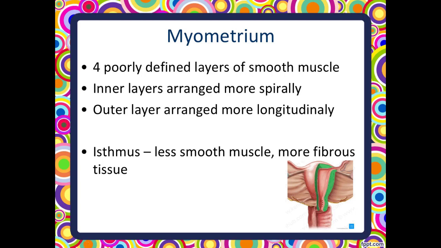Normally it doesn't participate in the nutrition of the embryo and fetus. It is not a proper site of the placental implantation, and the isthmus is important during pregnancy for the holding of the fetus inside.